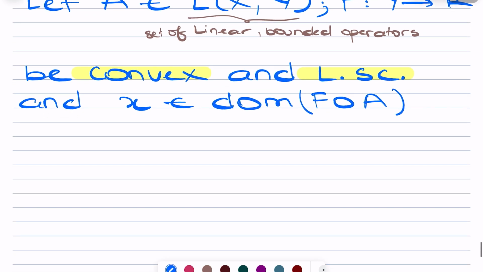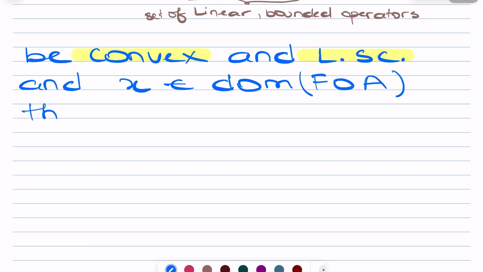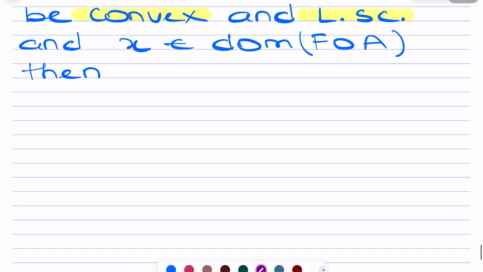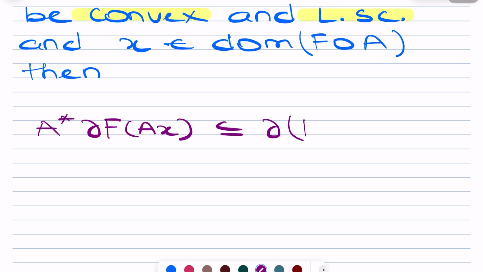Then you have the following: the adjoint of A applied to the convex subdifferential of f at the point Ax is contained in the convex subdifferential of the composition f composed with A at the point x.